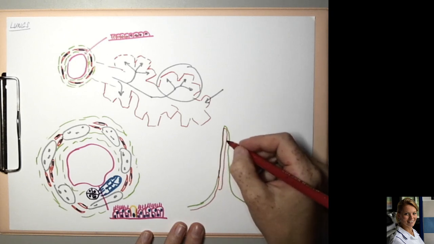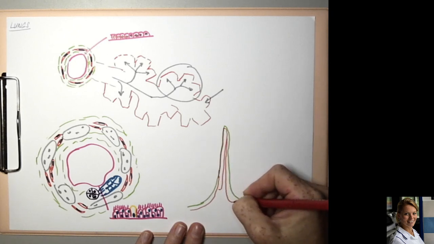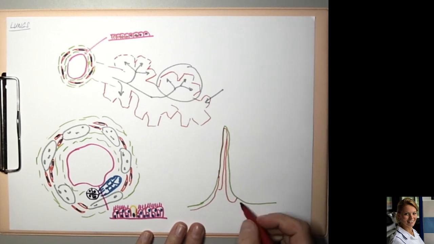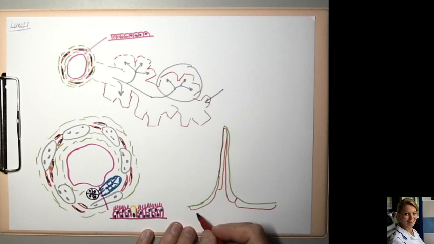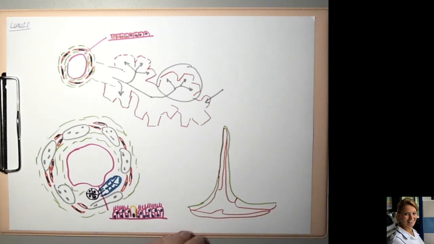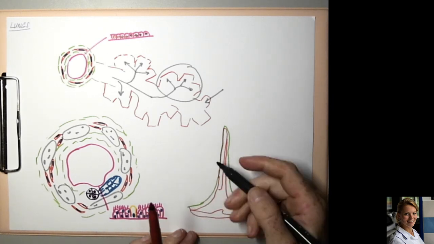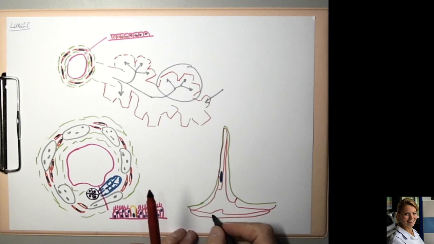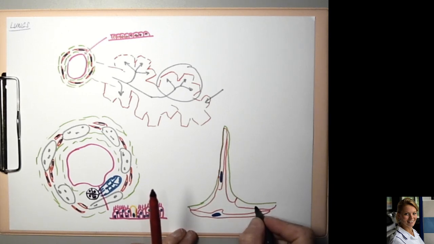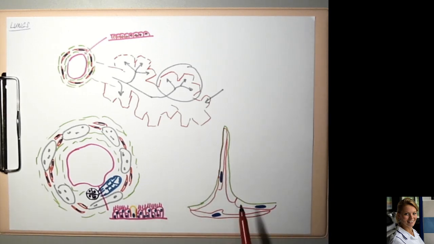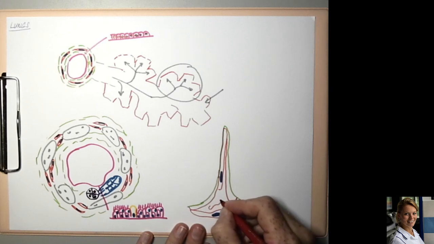Endothelial cells are squamous or flattened cells with flattened nuclei. And inside you can find erythrocytes.